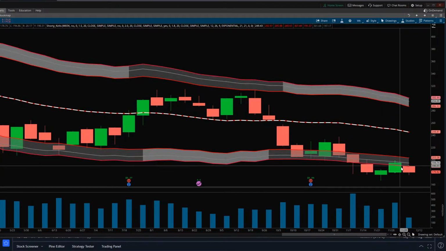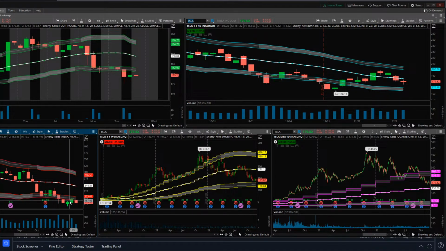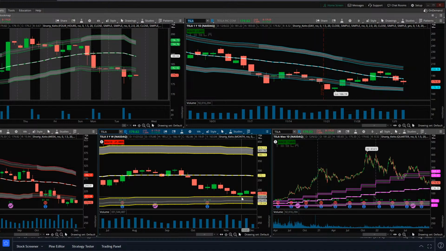So we're going to be dumping big time. If you grab a couple week out puts on Tesla, you're going to print. And we're going to like 164.